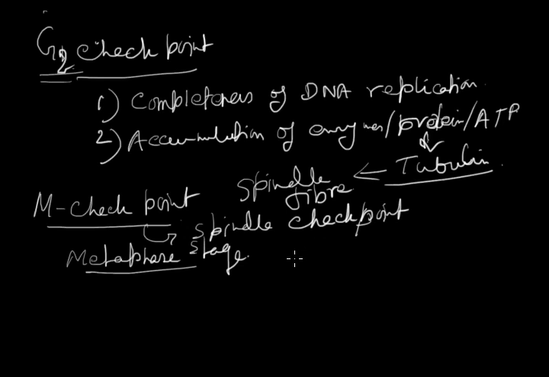The DNA replication occurs at the S phase. Now if I draw a chromosome like that, there is the kinetochore, and these are the spindle fibers. The attachment of spindle fiber to the kinetochore has to be checked, because the attachment ultimately leads to proper separation of chromosomes.